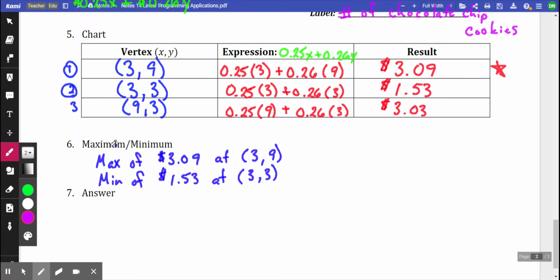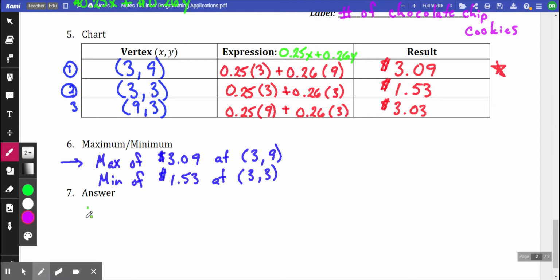It finds the maximum and minimum. We've done that. And now when we get to the answer, we just think through what was the overall question that we had. And that was simply, how can the cookie factory maximize the profit? Well, that's what this result is for. Okay, this one describes how to maximize the profit. And so that is the last thing we'll say.